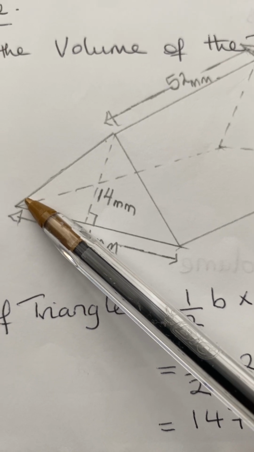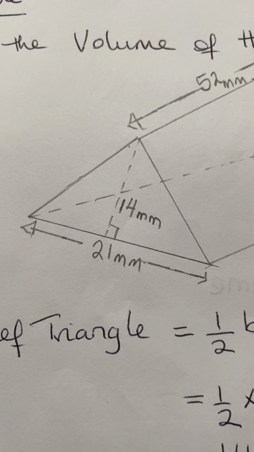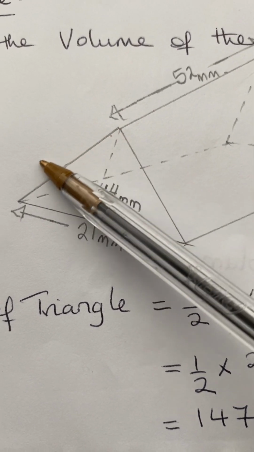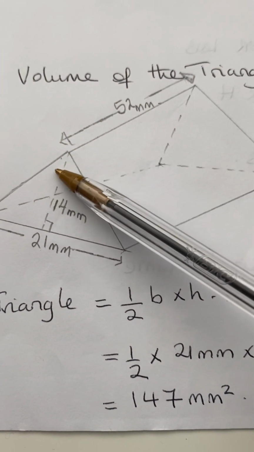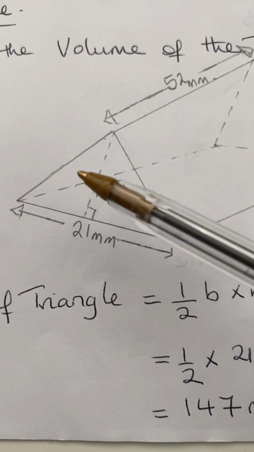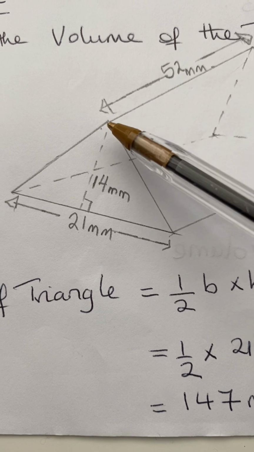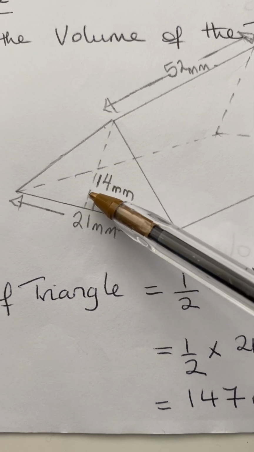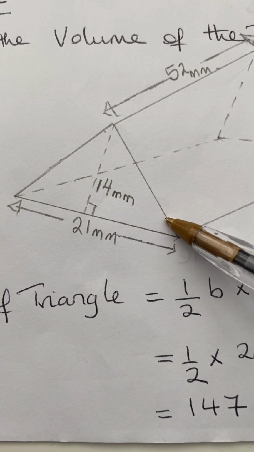Okay, if it is a prism with 5 sides or 4 sides or 6 sides, you still need to find the area of the shape, and then you multiply by the distance. Okay, now look at the diagram carefully. The perpendicular height is from there to there. It makes 90 degrees with the base.